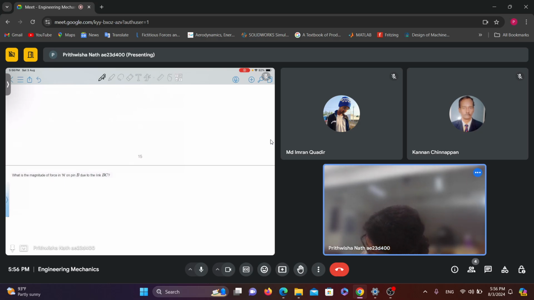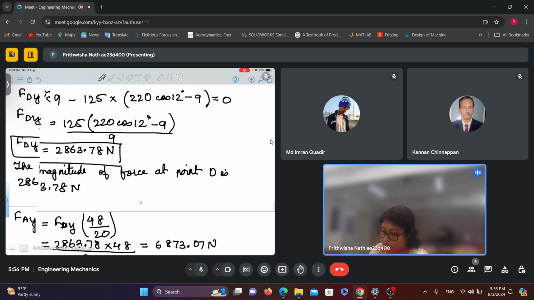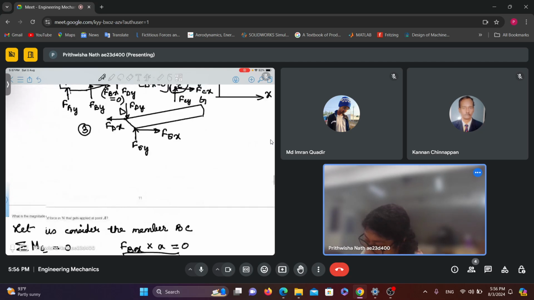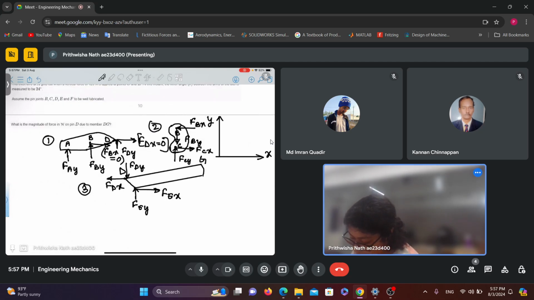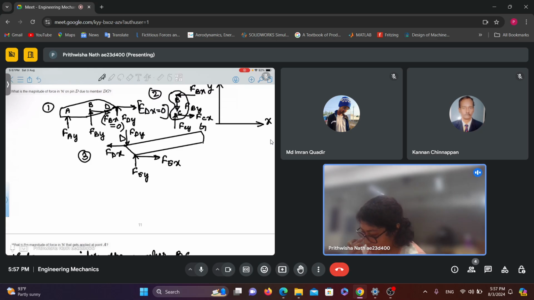Now, the summation of force in y direction should be 0. So considering the link from BC, no, from ABT, from link ABT we can calculate.